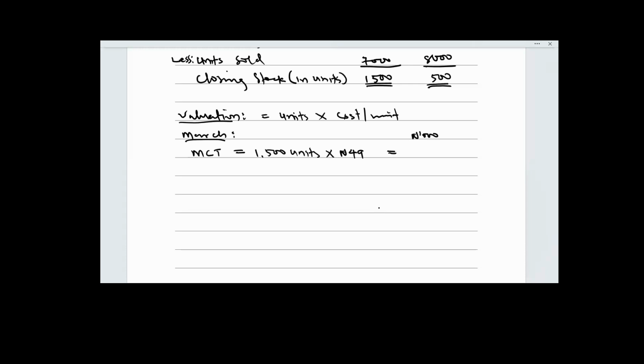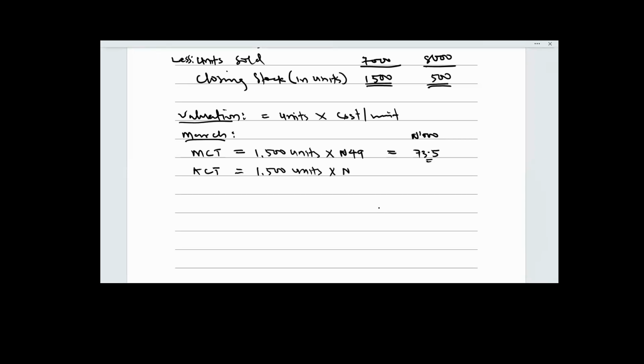What do you have there? 73.5. That is for MCT for the period ending March. Then for ACT, absorption costing technique, still the same 1,500 units.